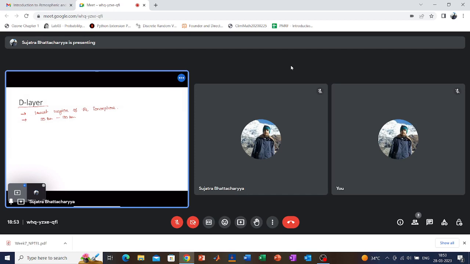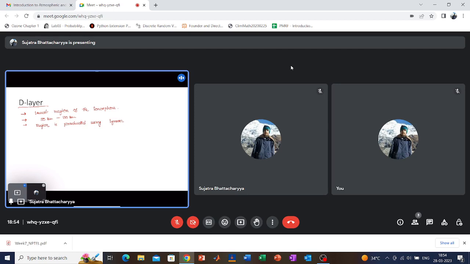Next is this region. As I was saying about how these ions and electrons are created, this region is produced using the Lyman series. We have studied this in chemistry also.